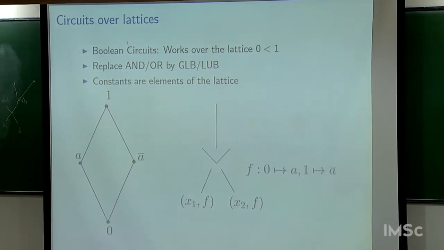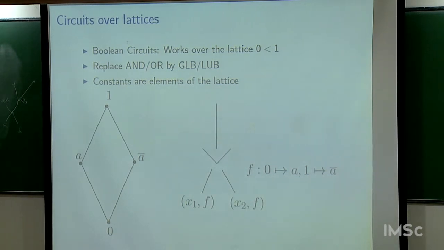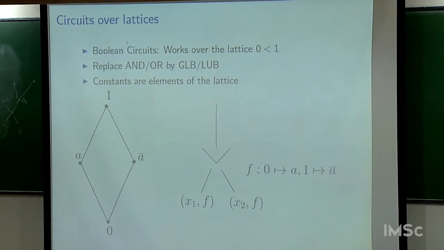When representing Boolean circuits, we usually write xi or xi bar. So xi could be thought of as this function, and xi bar could be thought of as this function. So what I am doing is I am generalizing this.